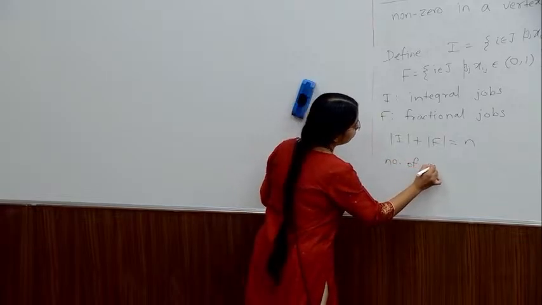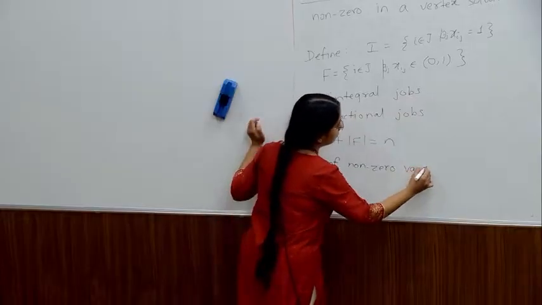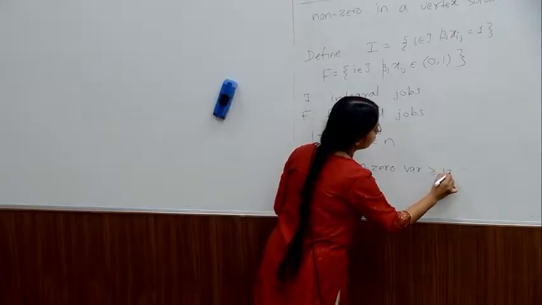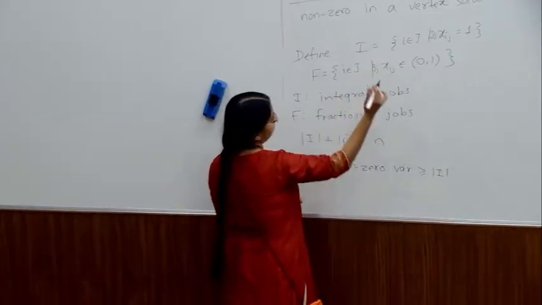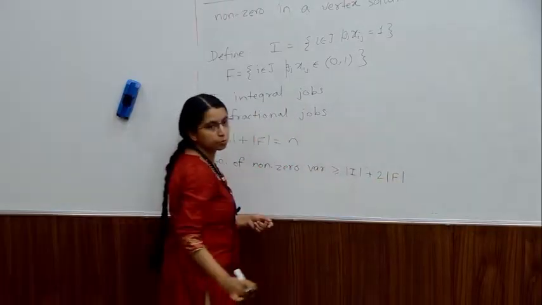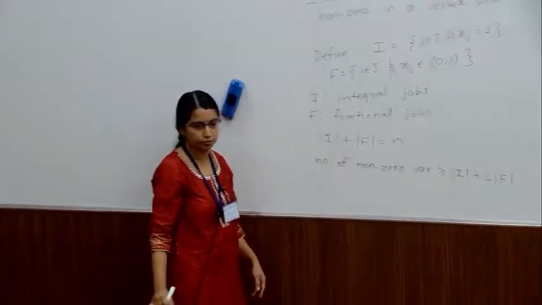So the number of non-zero variables is, of course, these are completely assigned, so those variables are non-zero, 1 per job. And there have to be 2 per fractional job. Maybe 3 or 4 or even 10, but at least 2.